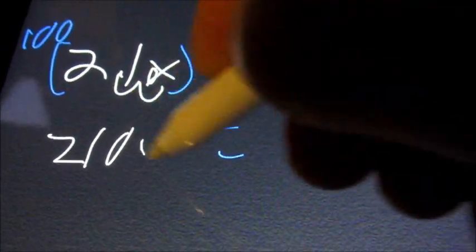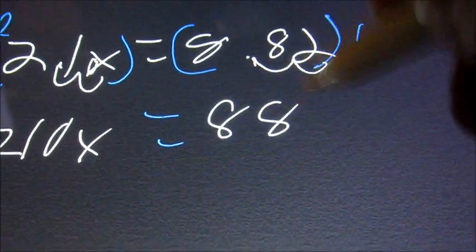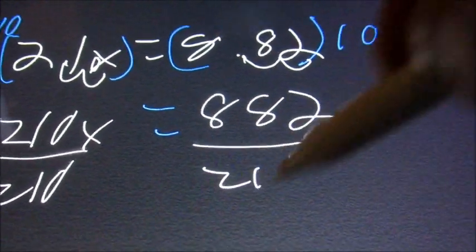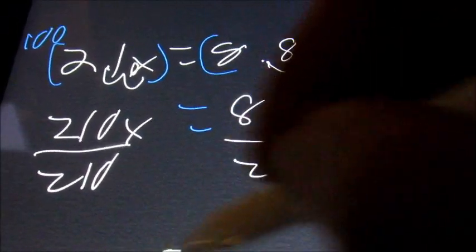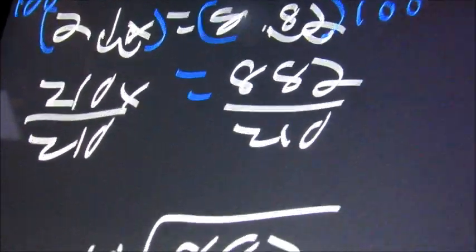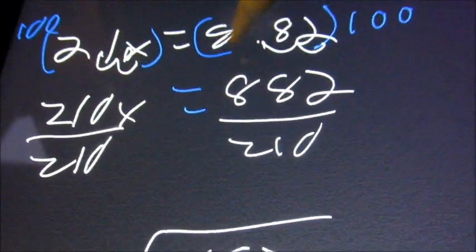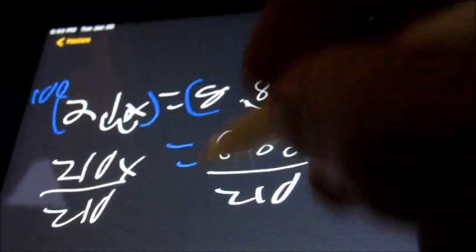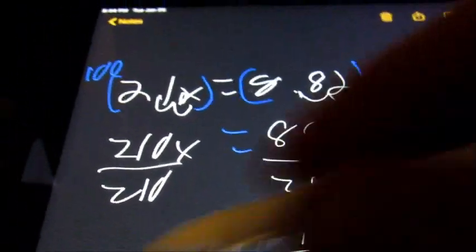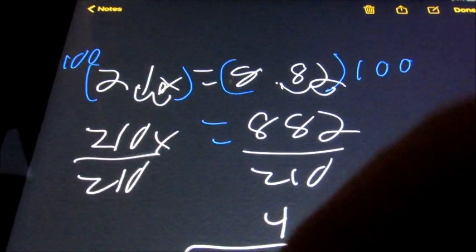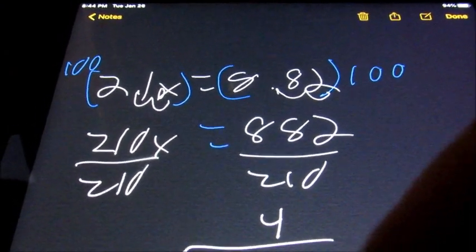So this is going to be 210x equals 882. Divide both sides by 210. When I do that, 210 into 882. 210 will go into 882 4 times. 4 times 210 is 840. Subtract and get 42.